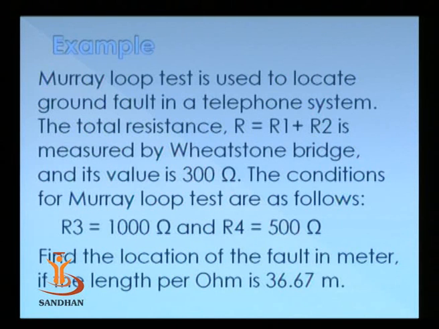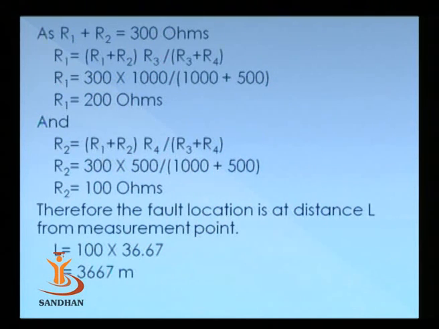Now this idea can help you in finding the location or the distance of the short circuit. Replacing the given values of R1 plus R2, R3 and R4, this solution gives you R1 equal to 200 ohms while R2 is equal to 100 ohms.